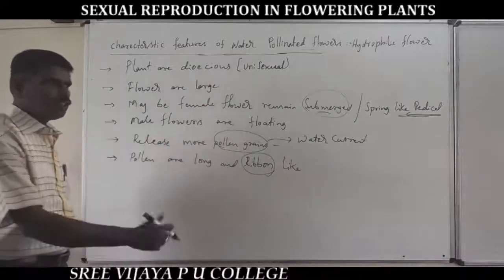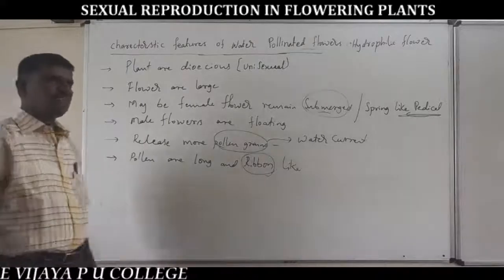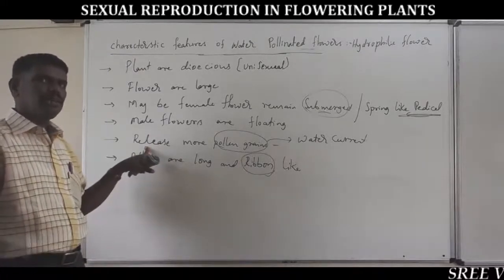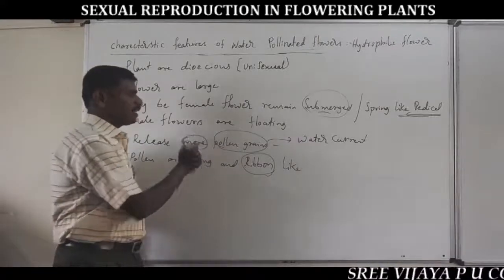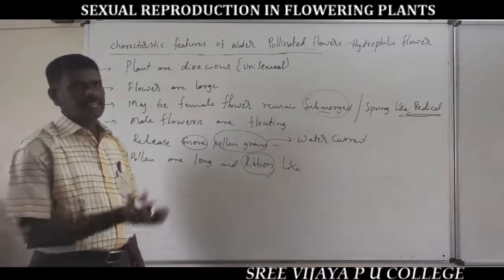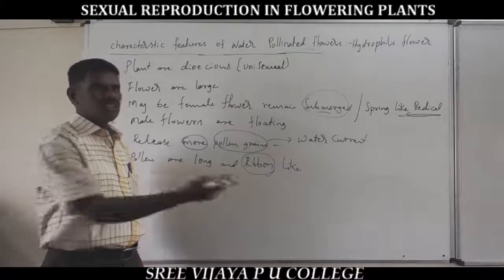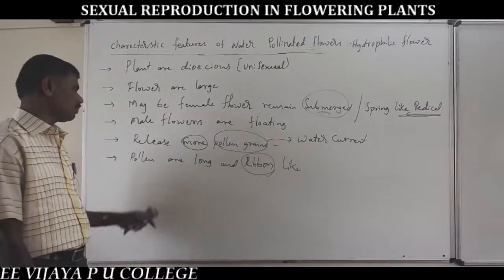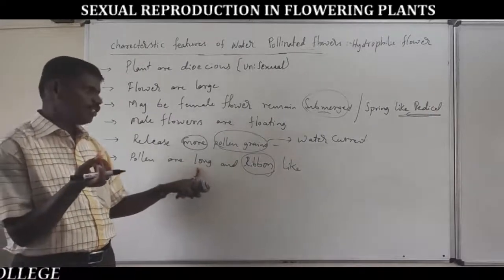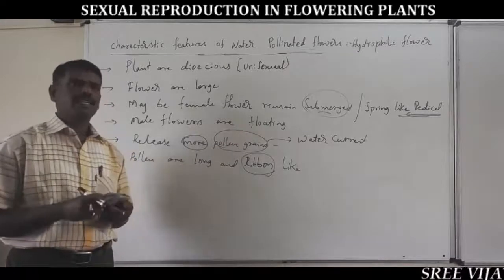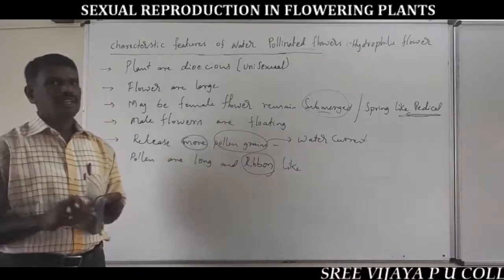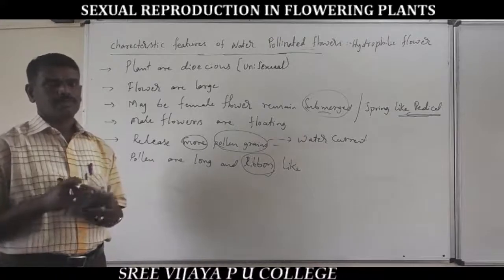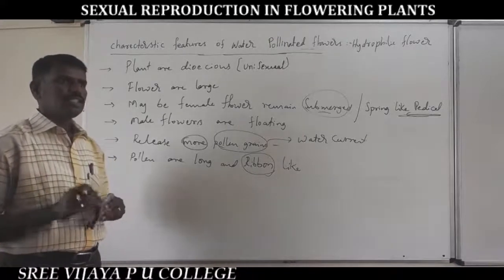The pollen grains are long and ribbon-like, as in aquatic plants like Vallisneria and Hydrilla, which are water pollinated.